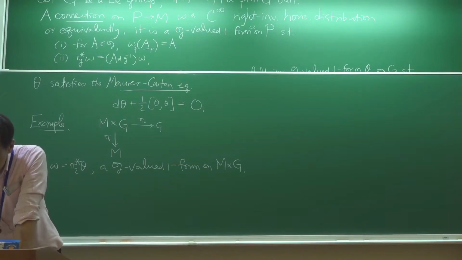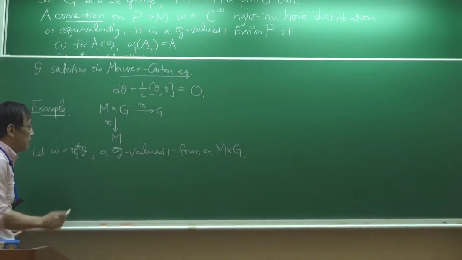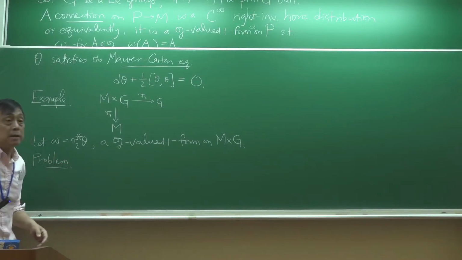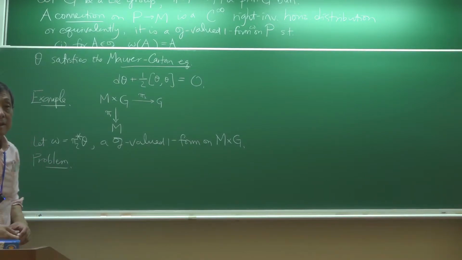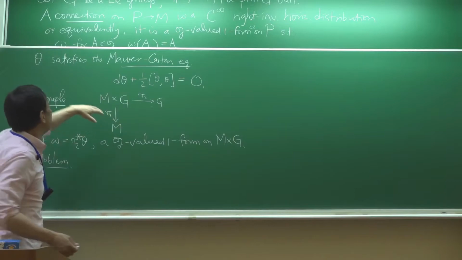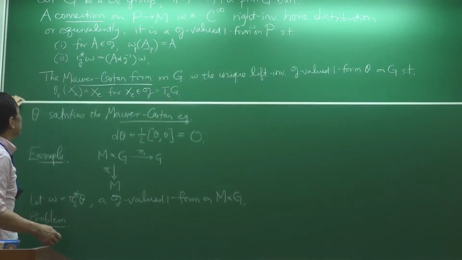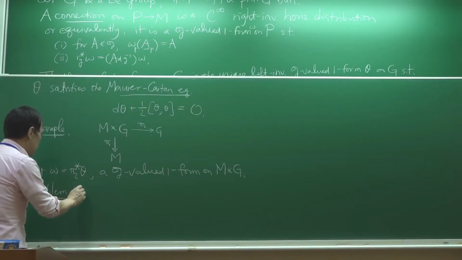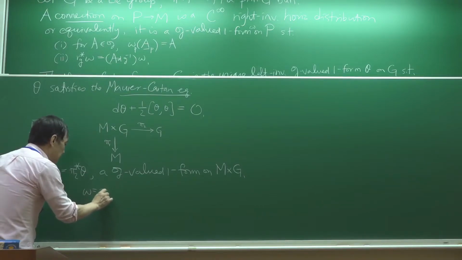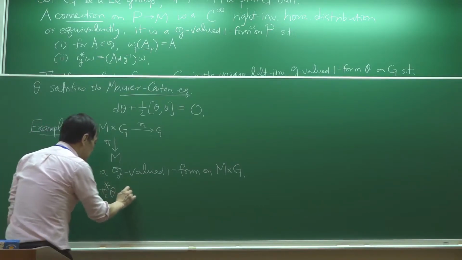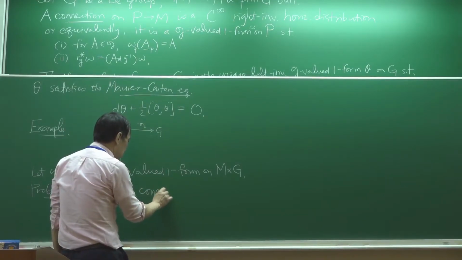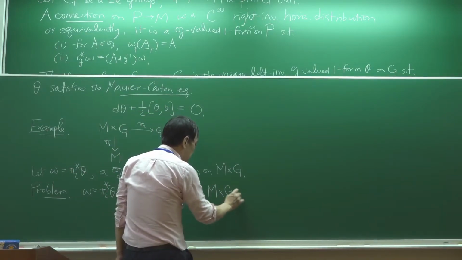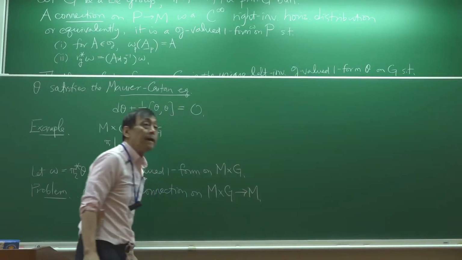And in one of the homework problems, I ask you to show that it is a connection on the trivial bundle. So in other words, it satisfies these two properties of a connection. So omega equals pi 2 star theta is a connection on the trivial bundle. Okay.